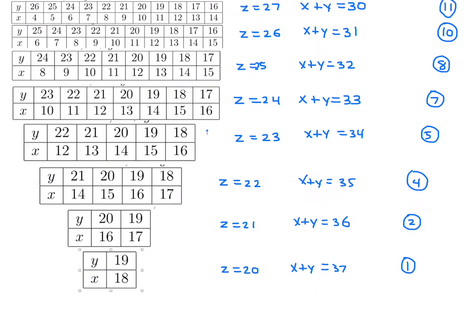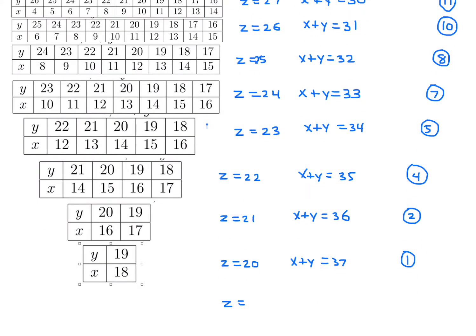And you might say, well, why didn't you just keep going? What about z equals 19? Why did you stop? Well, when z is 19, x plus y would be equal to 38. And if x plus y is 38, then how am I going to make it so that x is less than y is less than z?